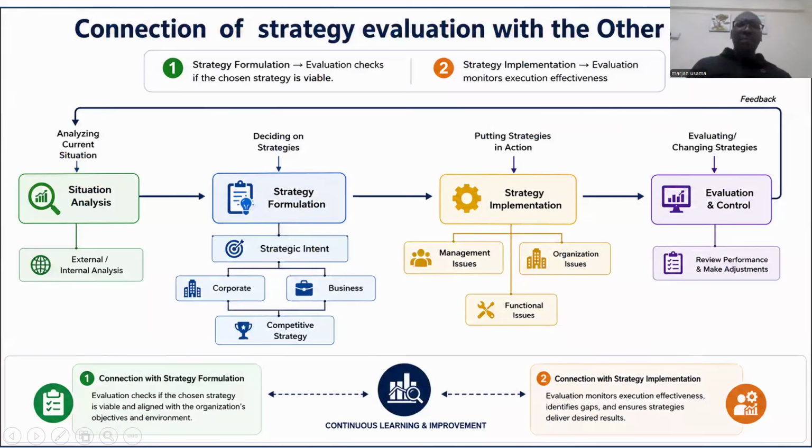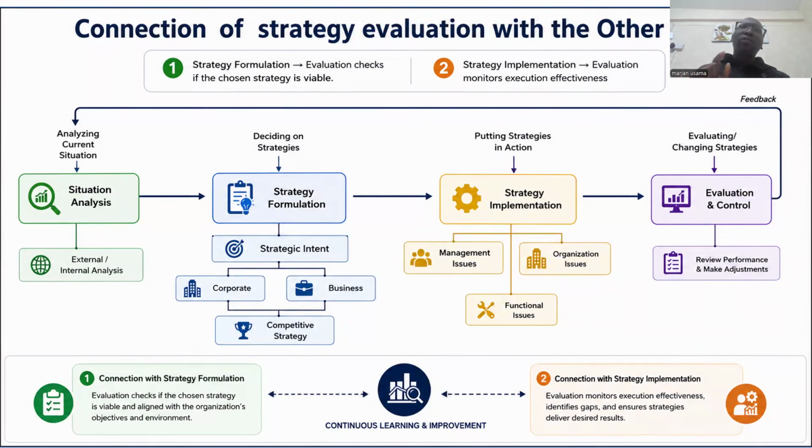Now, another important point, what is the connection of strategy evaluation with the other stages? Are they interrelated with the other two phases? That is, we have strategy formulation and strategy implementation.